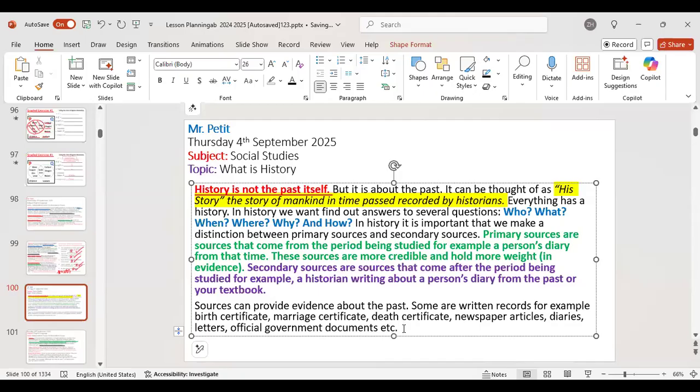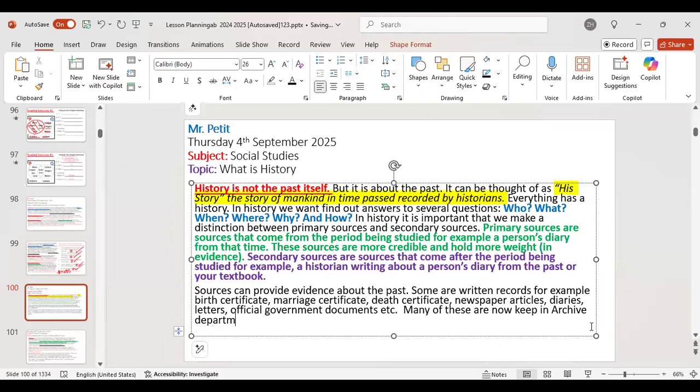Museum? The museum. Very good. So many of these are now kept in archives. Right? In archive departments, like the one in Mackey Street, Nassau.